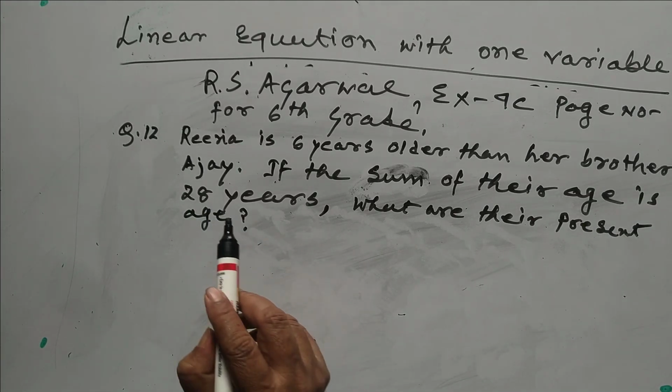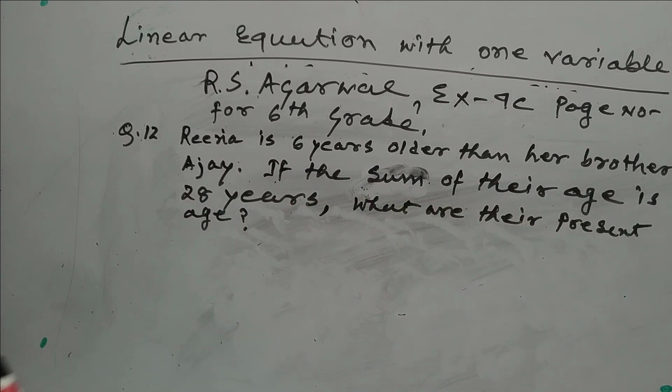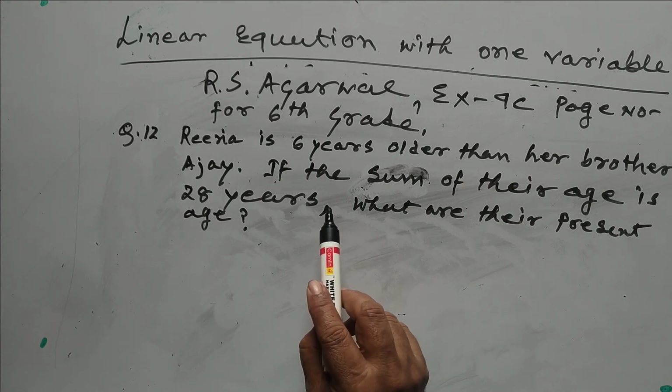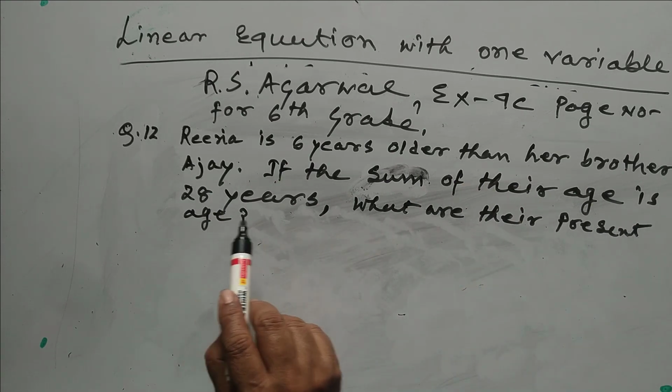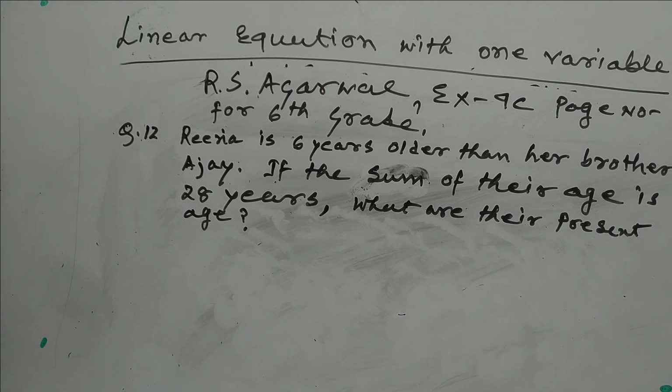Now, Rina is 6 years older than her brother Ajoy. If the sum of their ages is 28 years, what are their present ages? Now, if I consider that the brother's age is x, then Rina's age is x plus 6.